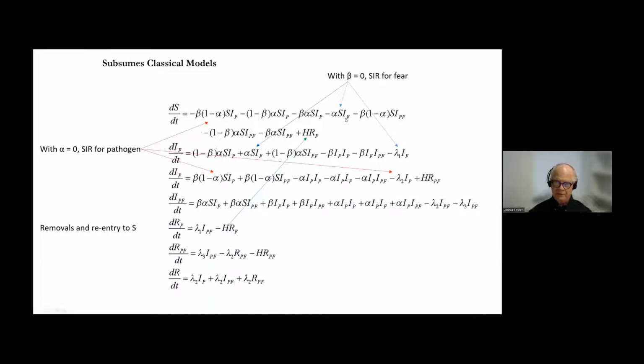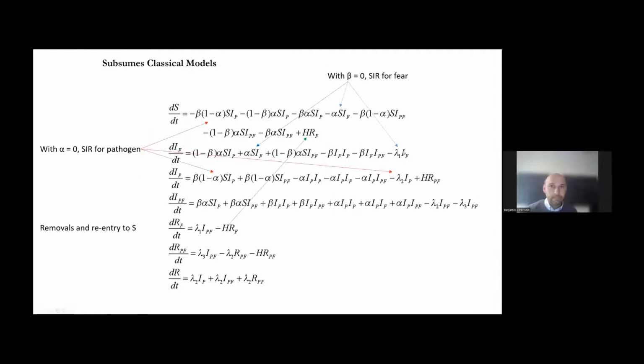Here it's minus alpha SI that goes into the infected with fear pool, and they're removed from the infected fear pool at the same classical rate. So it's really two classical models coupled in this model, and removed. People can go back to the susceptible pool. There's re-entry into these other compartments.